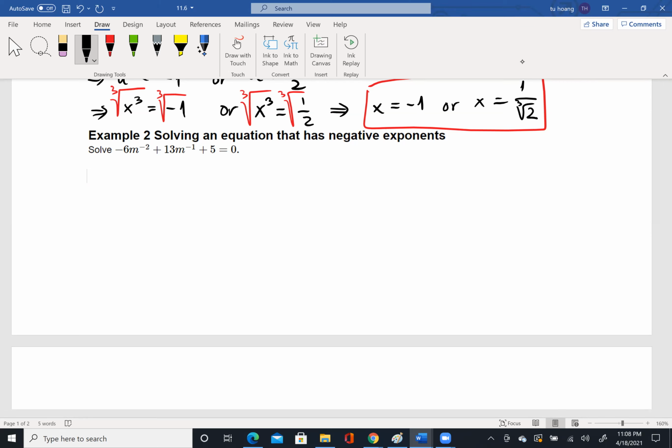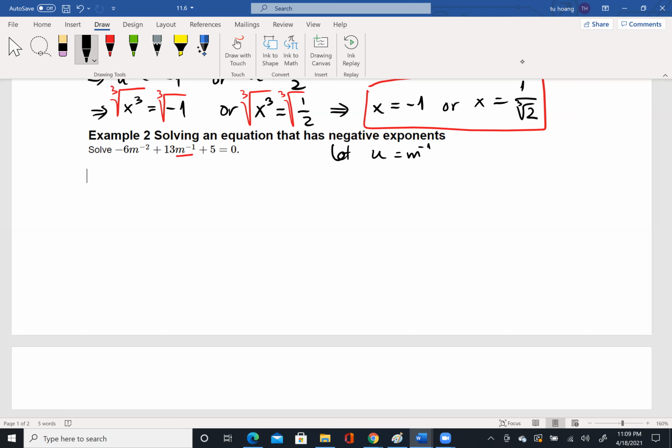Again, I recommend that you substitute the middle term. So let's say u equal to m to the power negative 1, right?